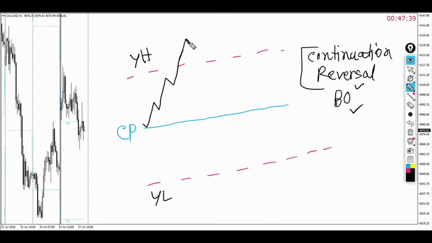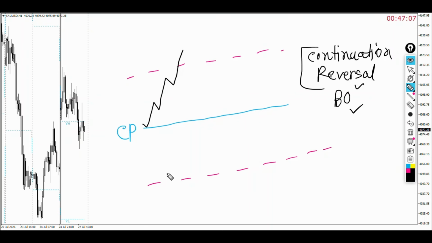Let's say this is the breakout, then price moves back to the yesterday high and then continues upward. Or we can look for a pullback to the CP area, then continue in the direction of the trend, upward, where the breakout happened. This is one trade setup, the continuation trade setup.